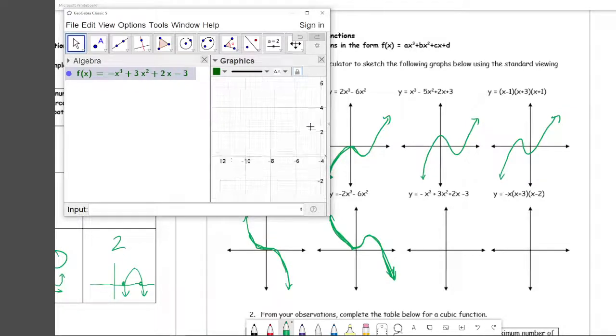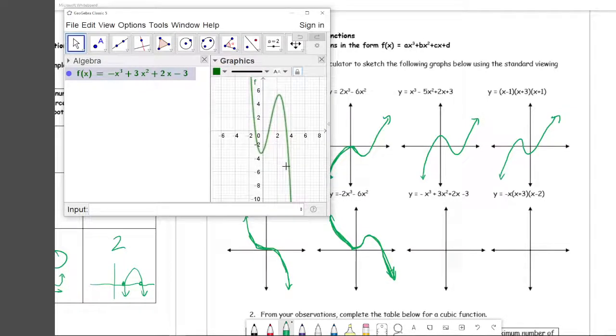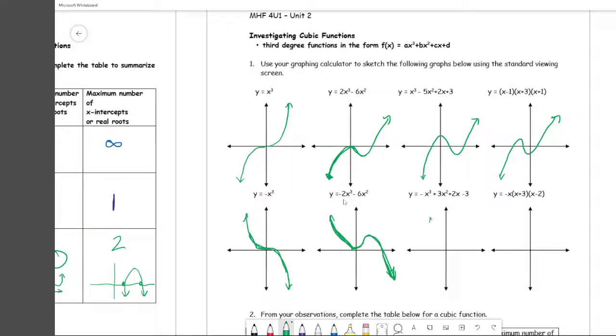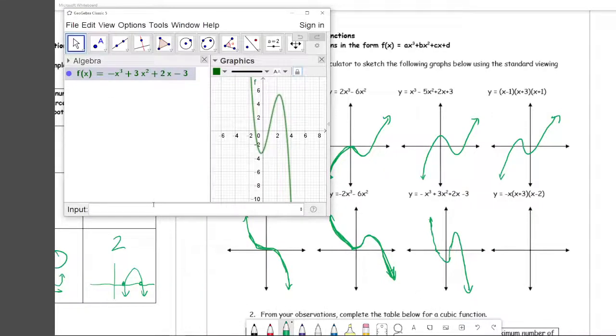Alright, so what are we looking at? So it looks like it sort of comes down, reaches a minimum around here. Something like that. Okay, and the last one there is negative x, x plus 3, and x minus 2.